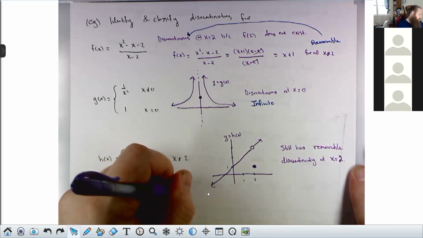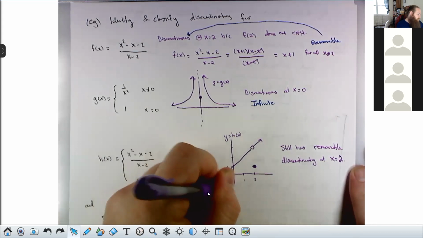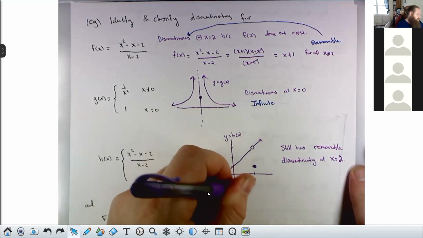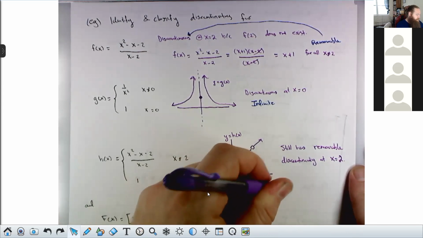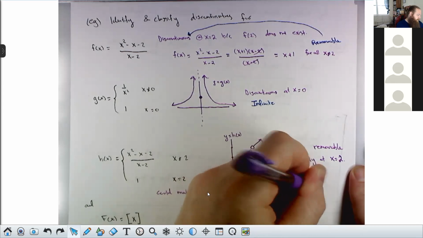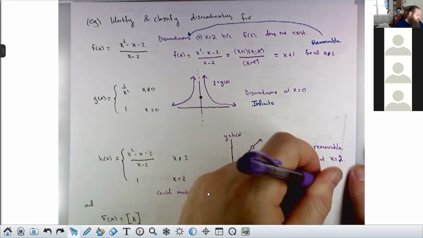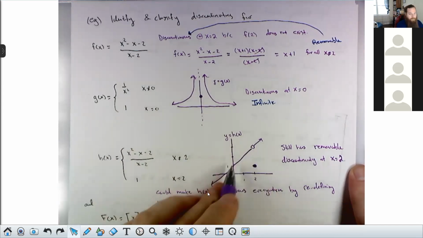We could make h of x continuous everywhere, specifically at 2, by redefining h of 2 to be equal to 3, because that's the value of the limit there.